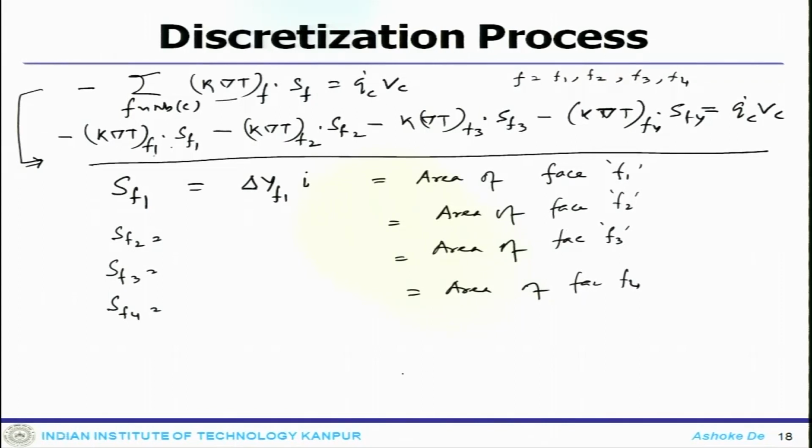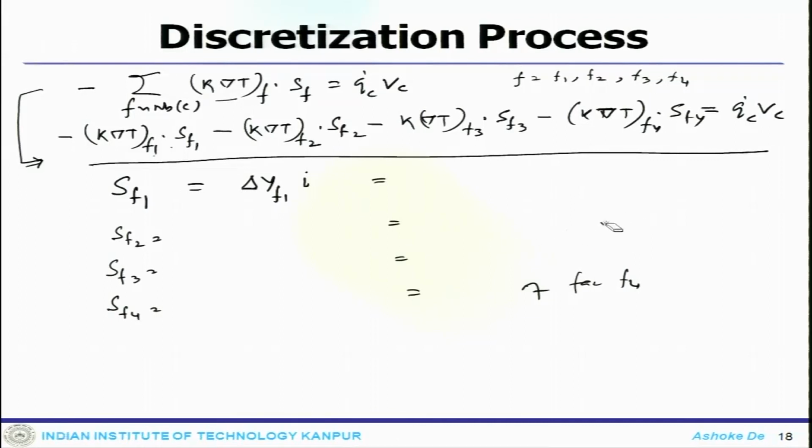Or basically, instead of area, you can say it is a surface vector. So that is better. You call it a surface vector for each of these faces.